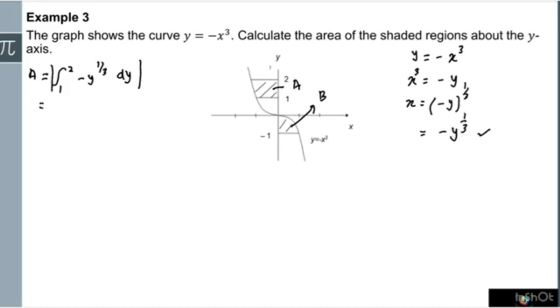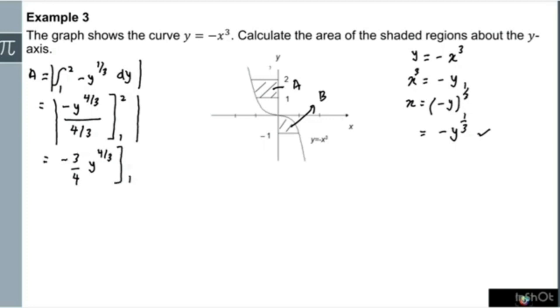We integrate this one carefully, we should have negative y to the power of 4 over 3 over 4 over 3, and limits of integration are 1, 2, and modulus. We simplify the above and we should have negative 3 over 4 y to the power of 4 over 3, limits of integration 1, 2, and modulus.